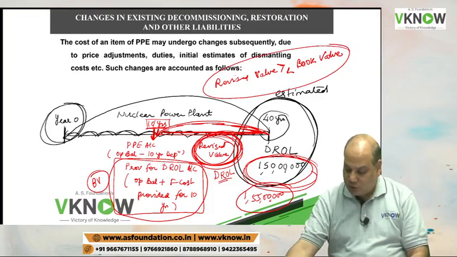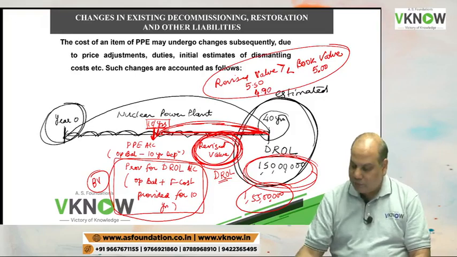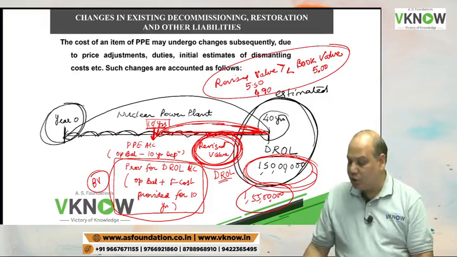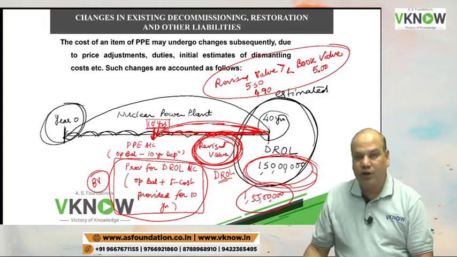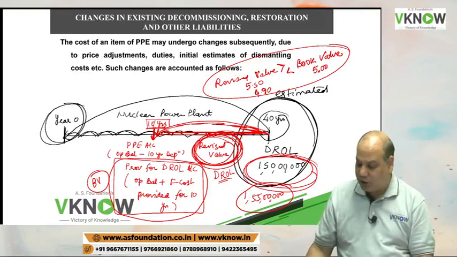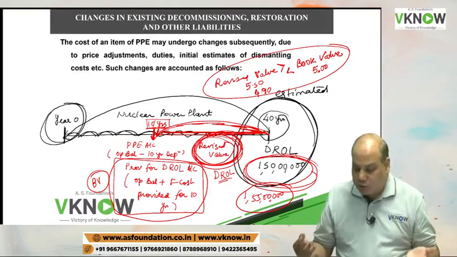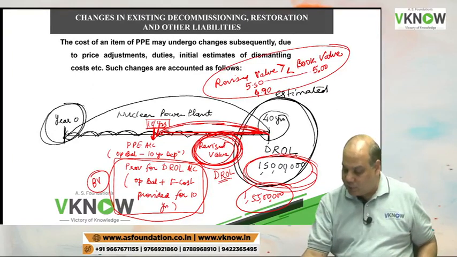So book value may be now, let us say 5 lakh rupees, but the revised liability may be 5.50 lakh or maybe 4.90 lakh. So I need to do the adjustment of that difference. I need to revise my liability either to 5.50 lakh or 4.90 lakh in our example. So how do I pass the journal entry? Where will the difference be recorded? That is the question.